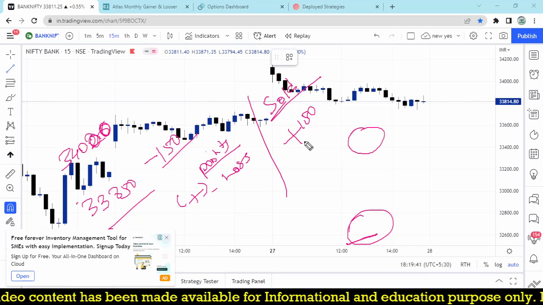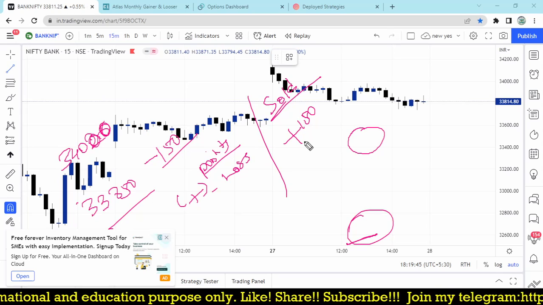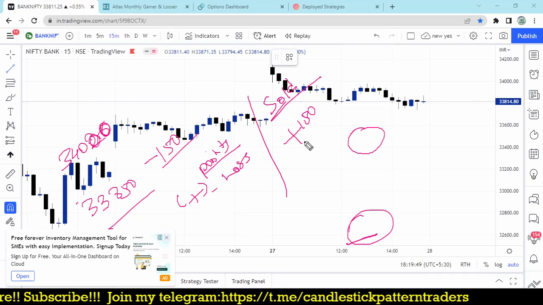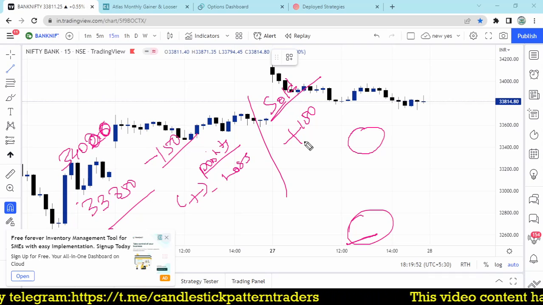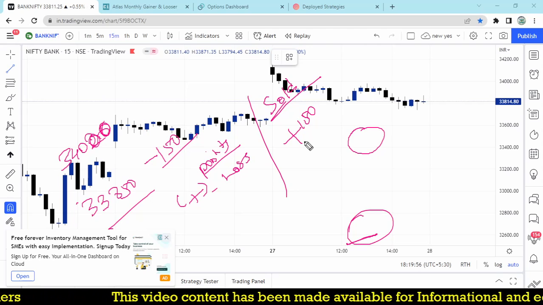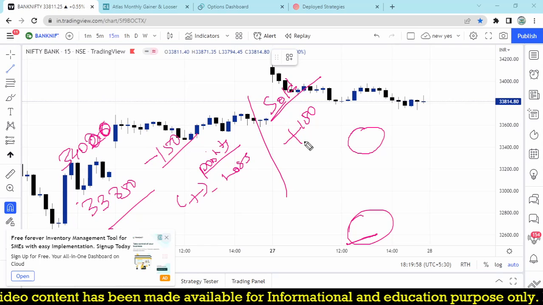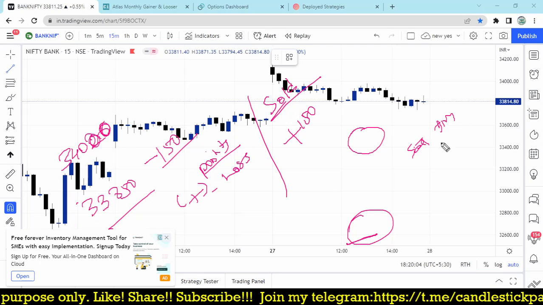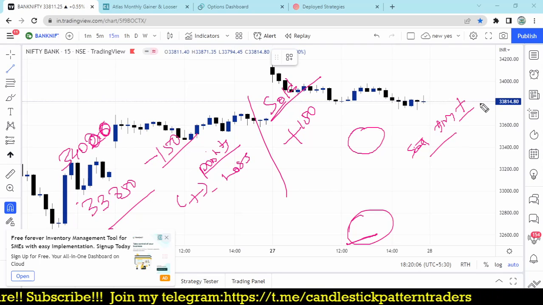We have to decide whether the market is going up or down. First, we can roughly decide. I'm not going to decide the exact trend. I can roughly decide whether it is going up or down, if I am playing with options. If I am going to sell an ATM option, that also loses its premium.